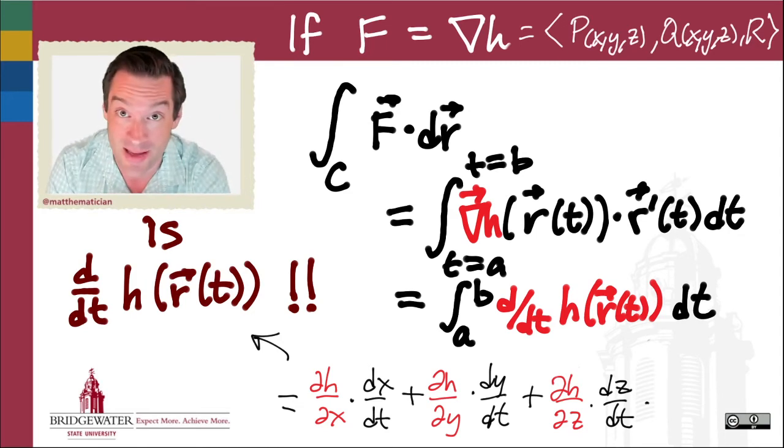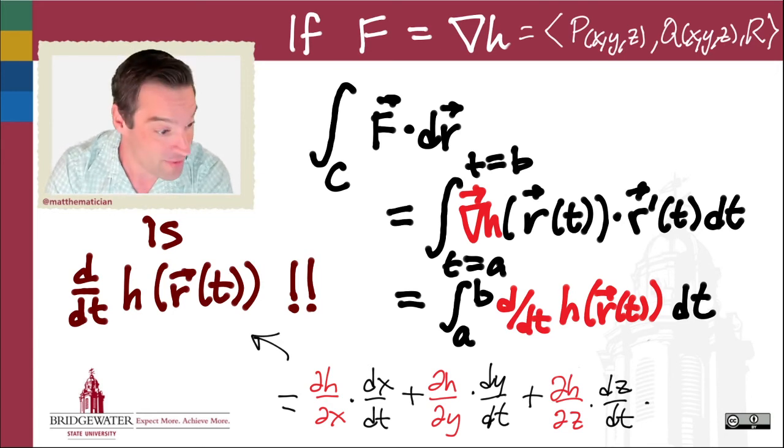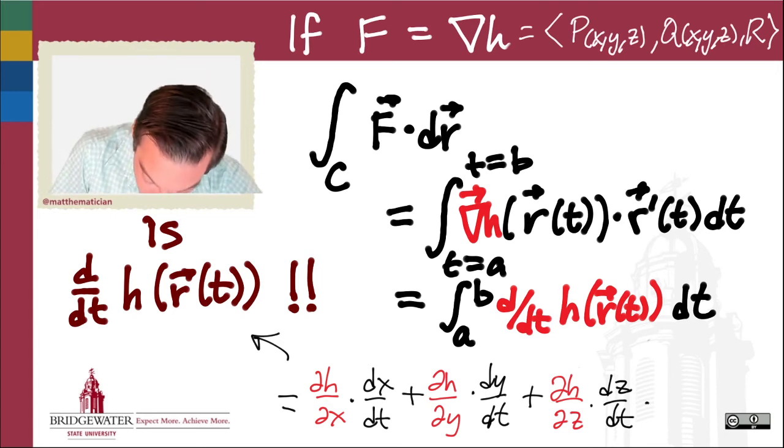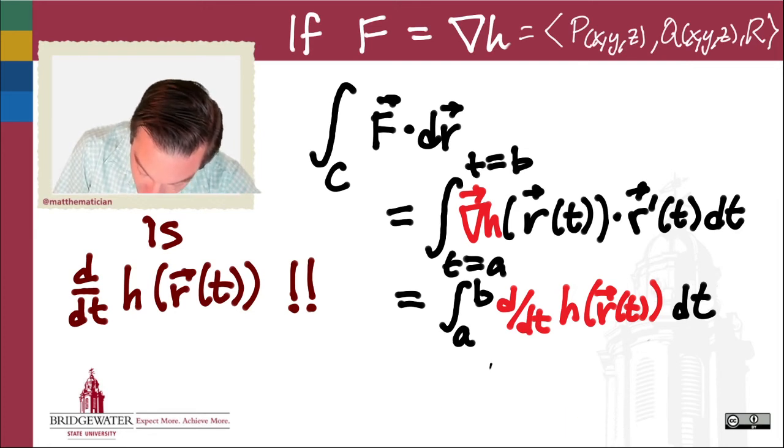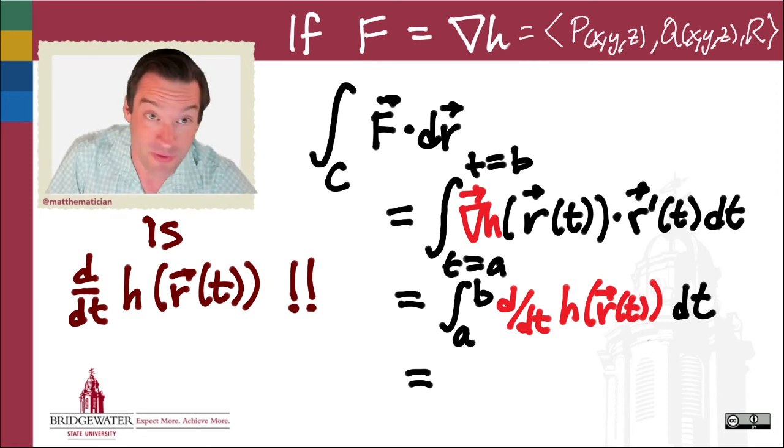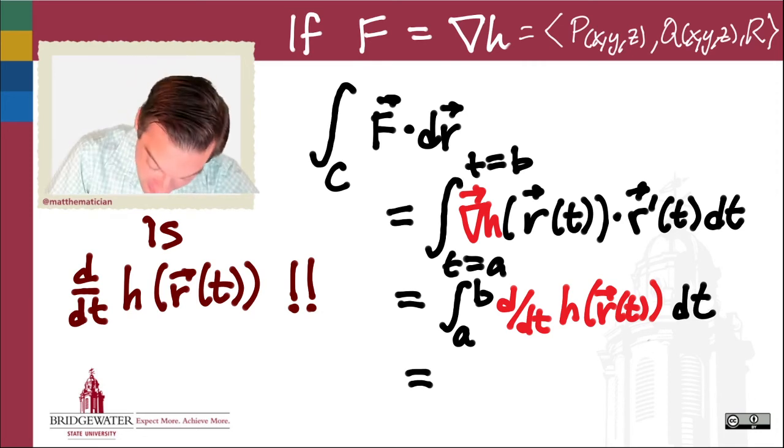Well, what happens when I integrate the derivative of a function? Invoking the ordinary fundamental theorem of calculus, if I want to find the integral of the derivative of a function, I want the antiderivative of the derivative of my function, and I want to evaluate that antiderivative at the starting point and the ending point.